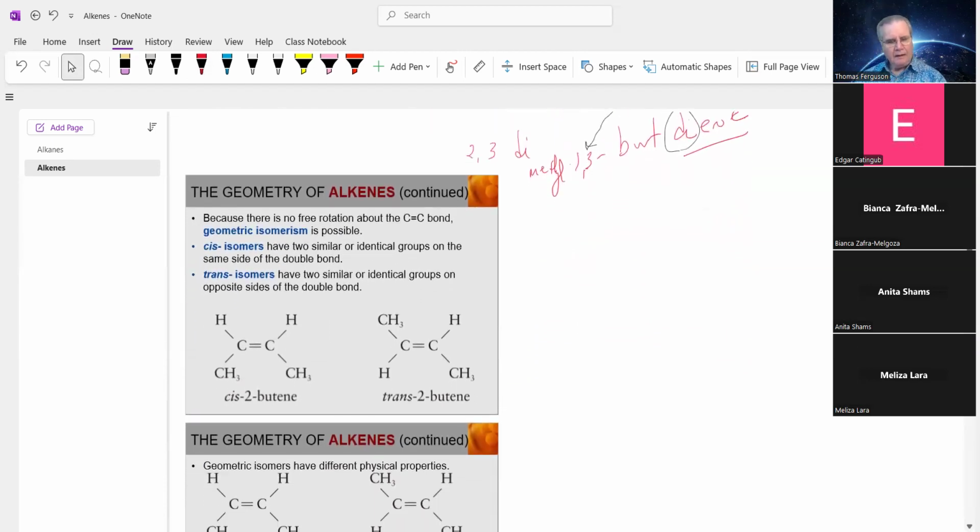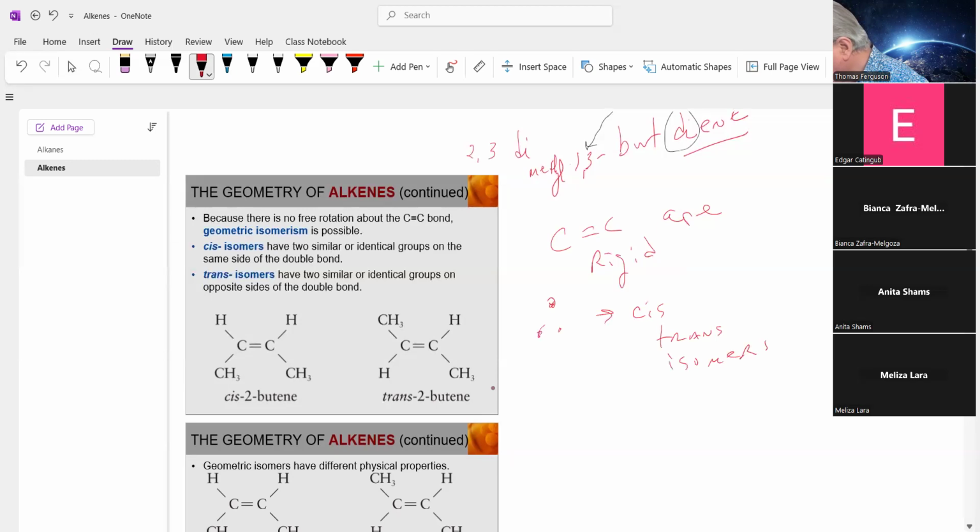Now, last week we talked about cis and trans isomers, because we had a rigidity whenever we had a cyclic alkane. Now, double bonds are rigid. Therefore, you can have cis-trans isomers possible.